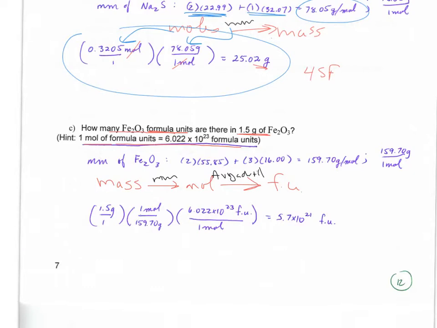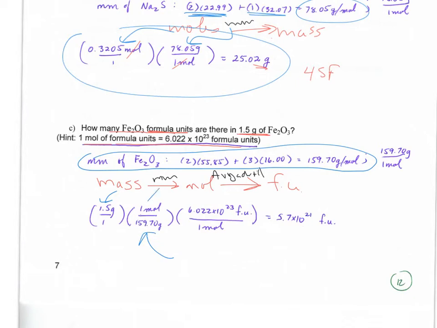So this is what that looks like. Our first term is the mass, what we want to convert. Up here, I went ahead and showed the work of knocking out the molar mass of the compound. And so notice that here for the molar mass, we're going to use the flipped version, so grams will cancel, and we're left with moles.